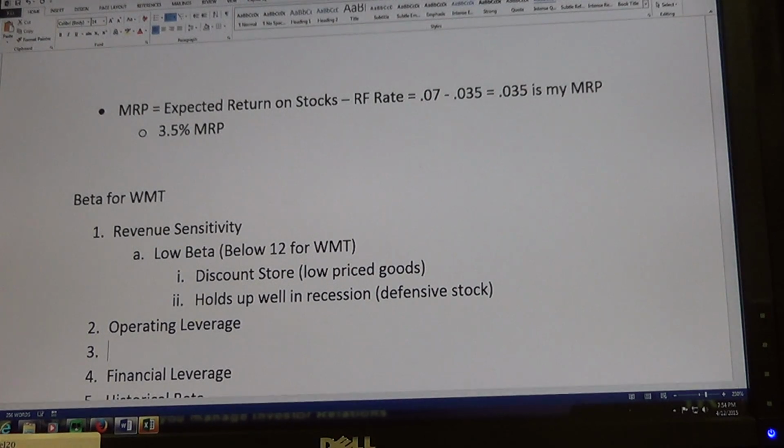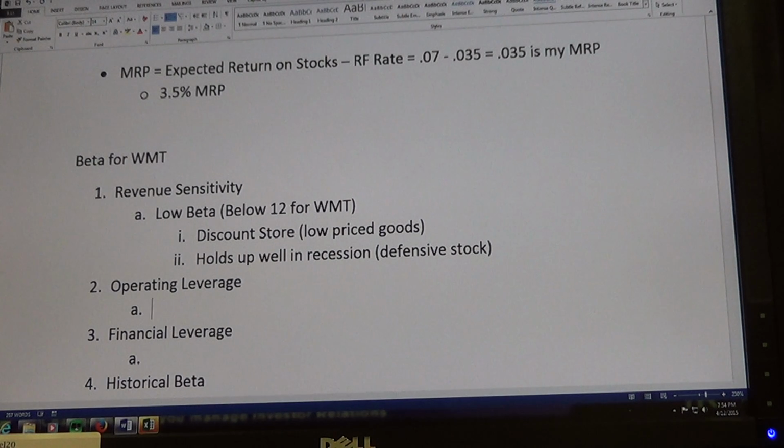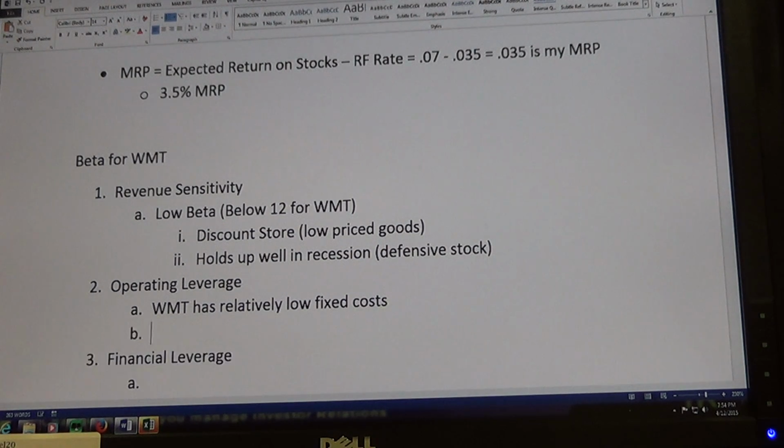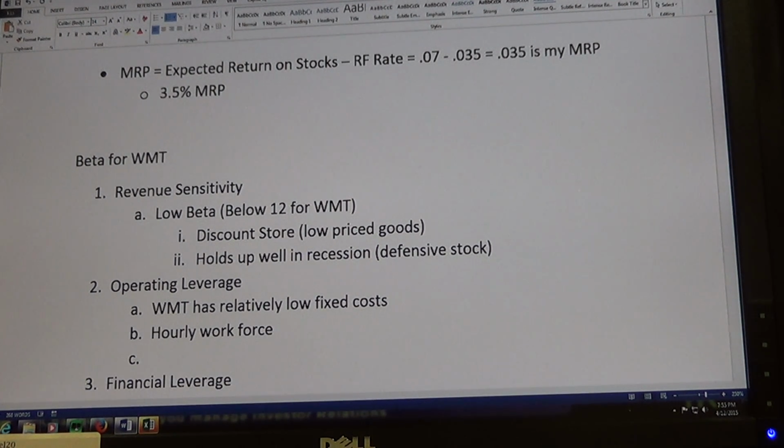Now, operating leverage and financial leverage, we're talking about fixed cost. And so I'm going to say Walmart has relatively low fixed cost. Why? Because it has an hourly workforce, and it pretty much keeps a pretty steady gross and net margin.